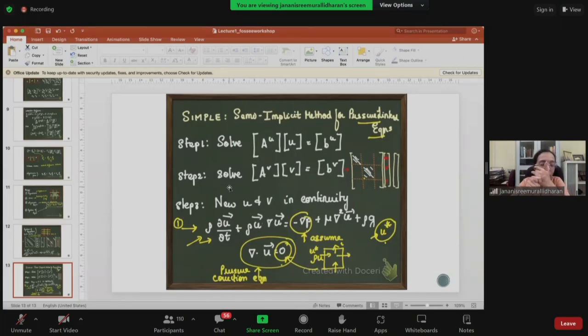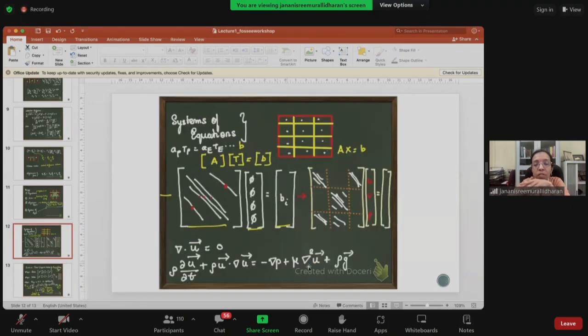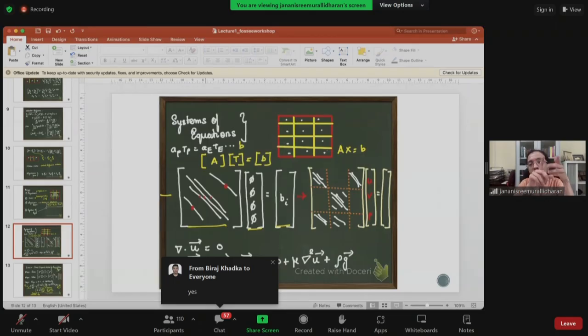There is the momentum equation, and you have the continuity equation as well, correct? So in a pure flow problem, what are the unknowns? That is U, V, W, and then the pressure, correct?